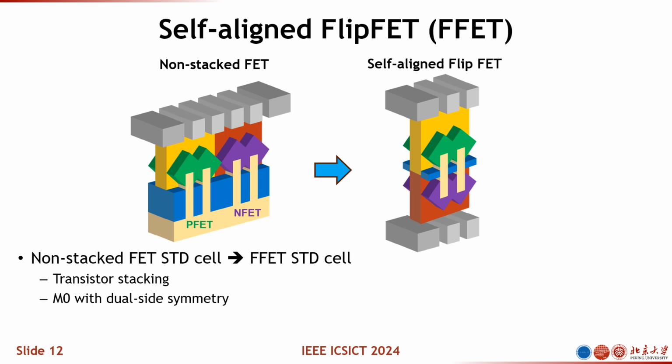Thanks to this very packed standard cell design, the FFET actually features a very symmetrical device design. So you can see the NFET and PFET are on either side of the wafer, and we have individual interconnects for them. So overall, the standard cell height is reduced by half.